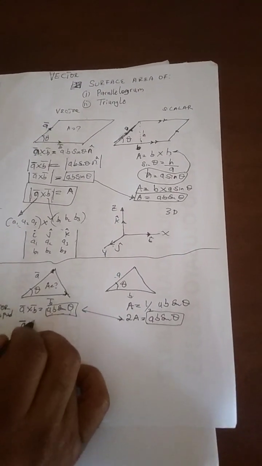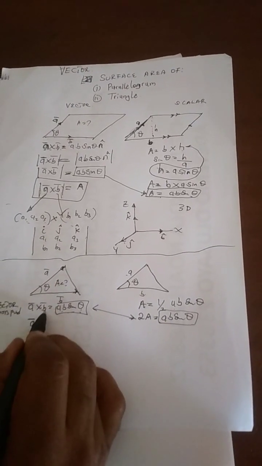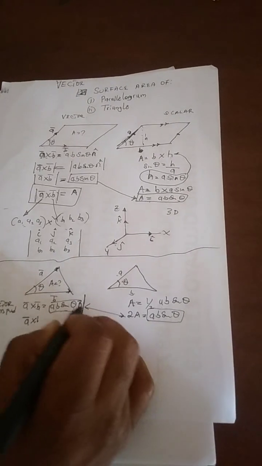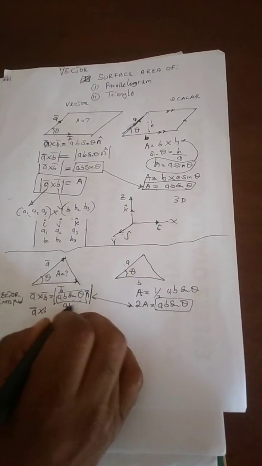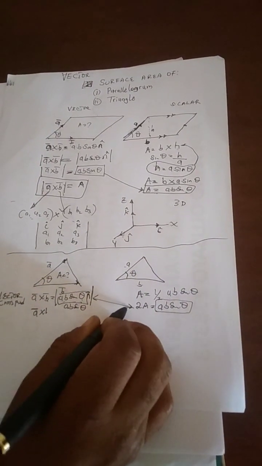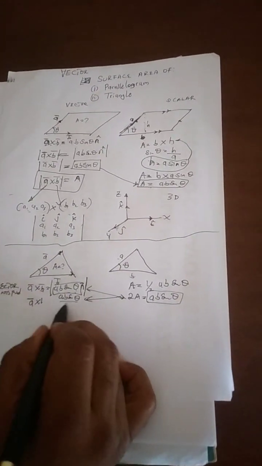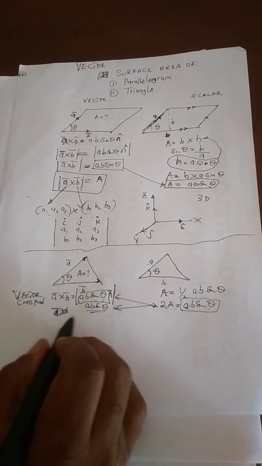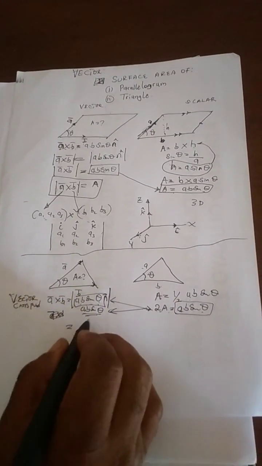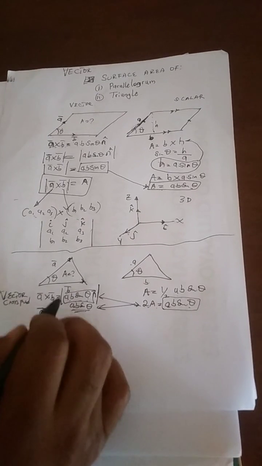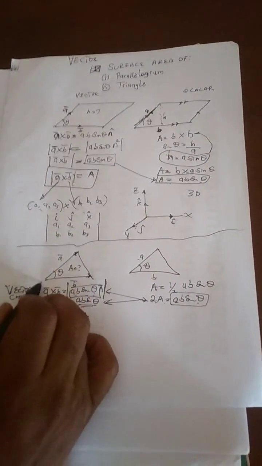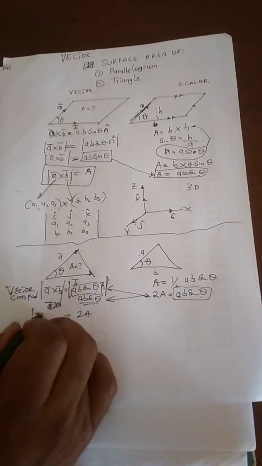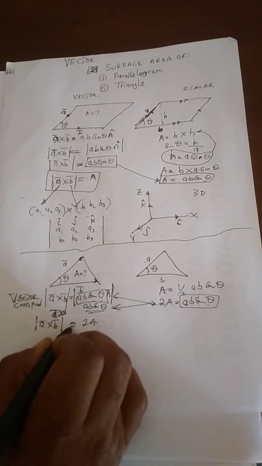So instead of writing AB sine theta here, I would rather put 2A. When we say A cross B, we have to put a unit vector. So when we take the magnitude of that, we are going to have AB sine theta, which is what we have here, 2A. So if I'm taking the magnitude of this side, I need to take the magnitude of the other side too. Therefore, the magnitude of the cross product of A and B is equal to 2A.